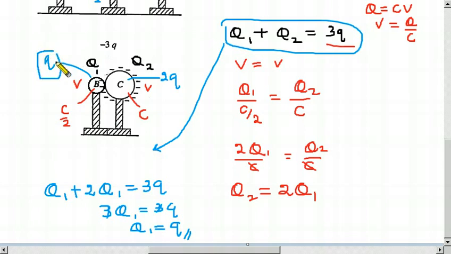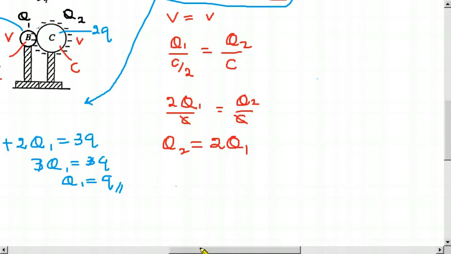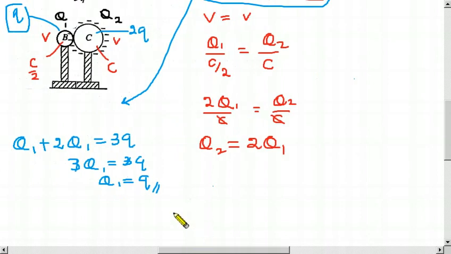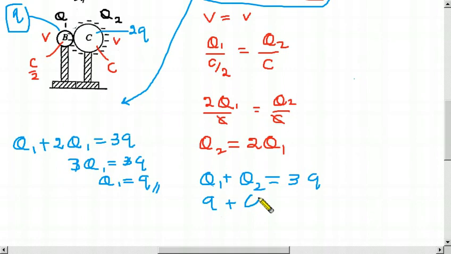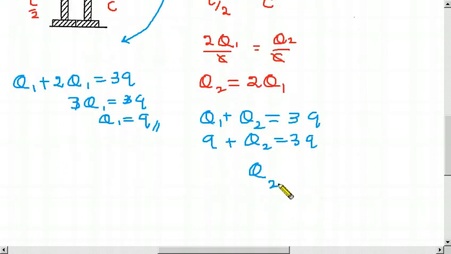Therefore Q1 is q, plus capital Q2 equals 3q. Then taking this to the right side, Q2 equals 3q minus q, that means 2q.